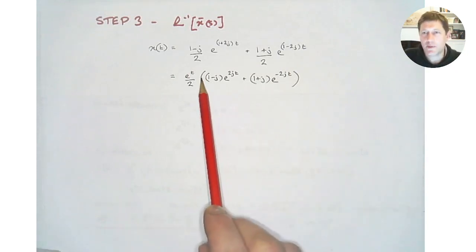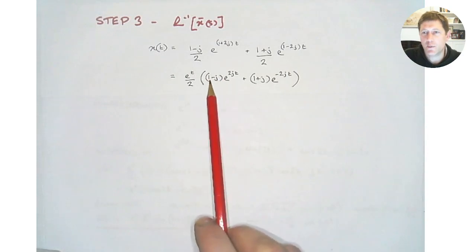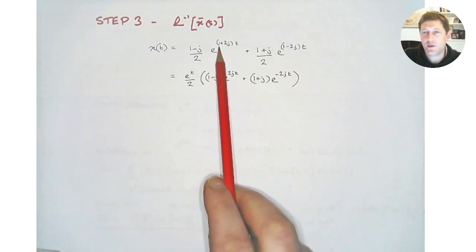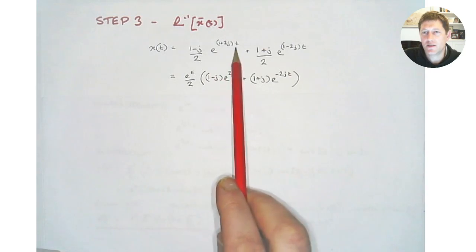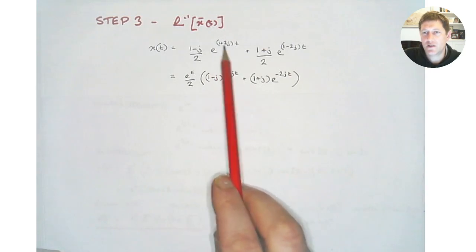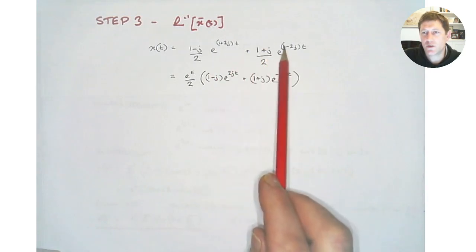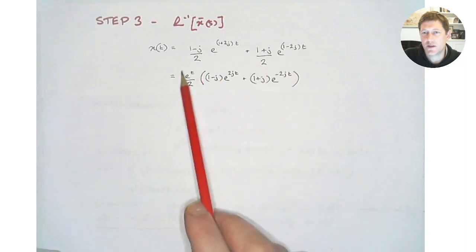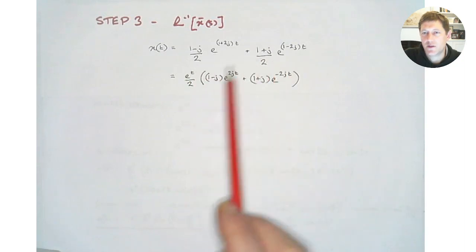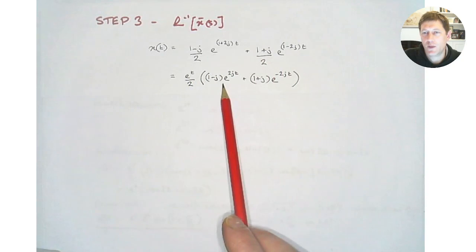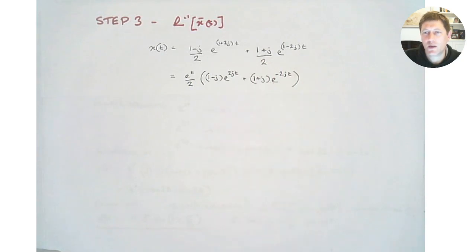So first step is to just group together the complex terms. So we can take out the term e to the t. So e to the 1 times t is there, and e to the 1 times t is there. So we take that out, and we take out the divided by 2 as well, and we're left with these two bits here. So let's try and convert those into something more friendly.